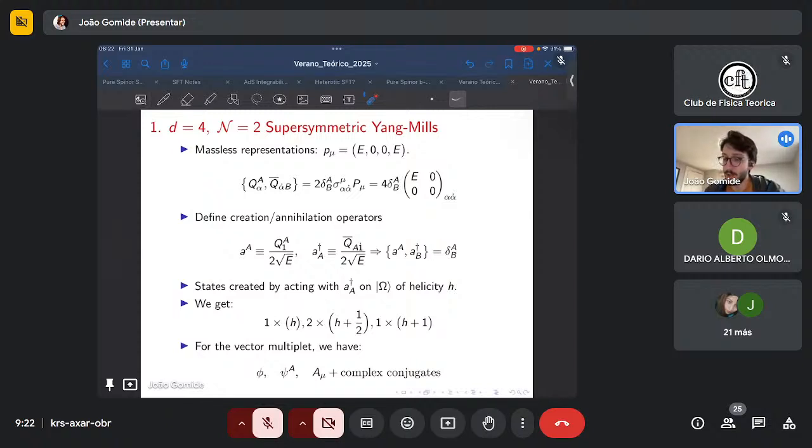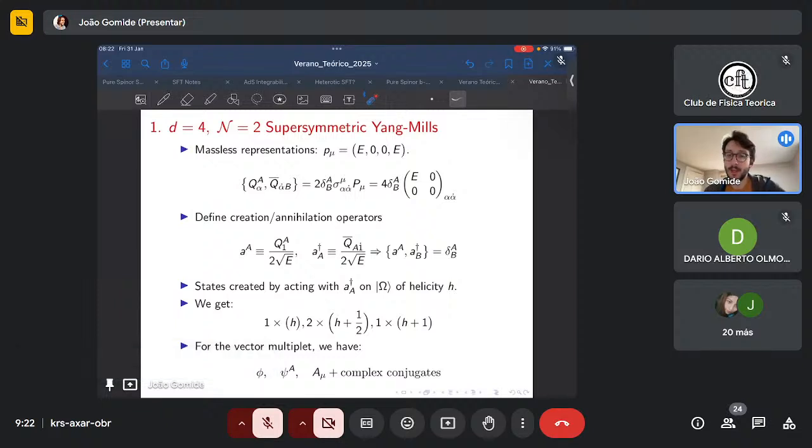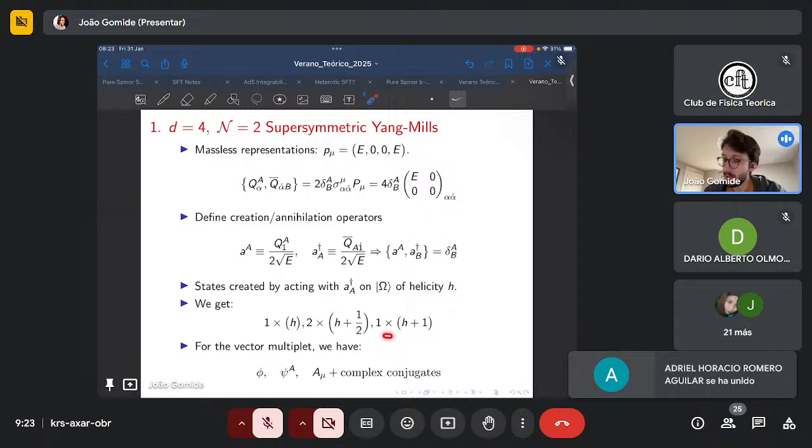We have two of these because we can either use Q with A equal to 1 or with A equal to 2, a Q bar, that is. And finally, we can only act with one extra supersymmetry generator. So if we acted with Q1 dot, we can only act with Q2 dot, Q bar that is, and we get a state with helicity plus 1.